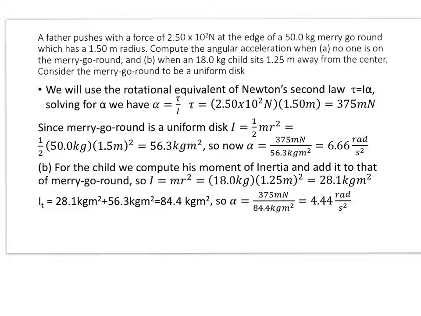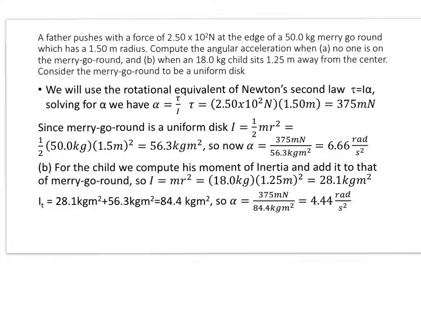Now, we need to compute I. We're going to assume that the merry-go-round is a uniform disk, so if we consult the chart on the previous slide, we can see that the moment of inertia for a uniform disk is 1/2 mr squared. So it's 1/2 times the mass of the merry-go-round, that's 50 kilograms, and its radius is 1.5 meters.